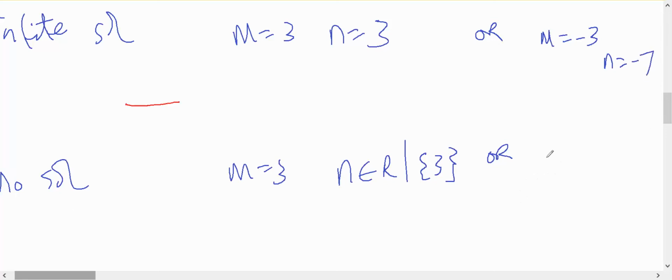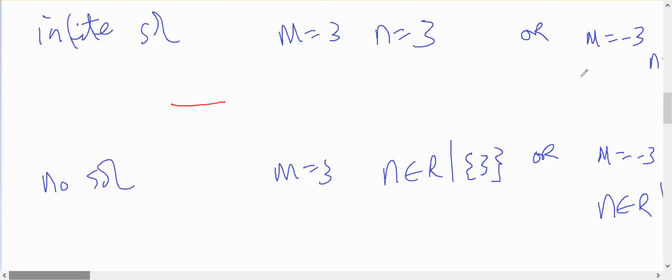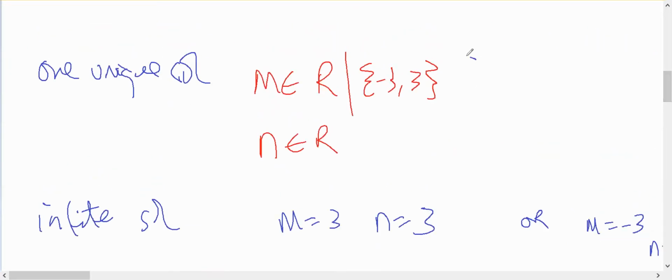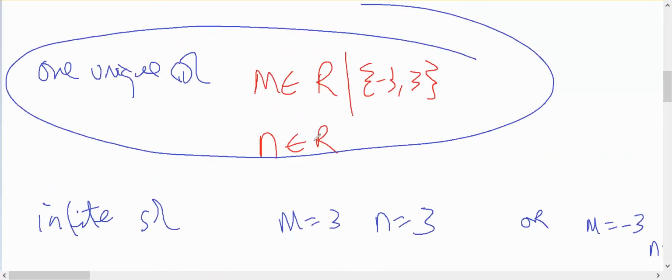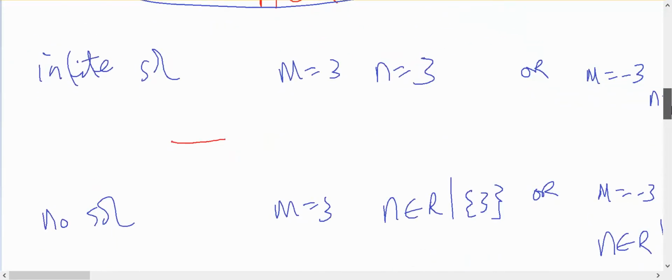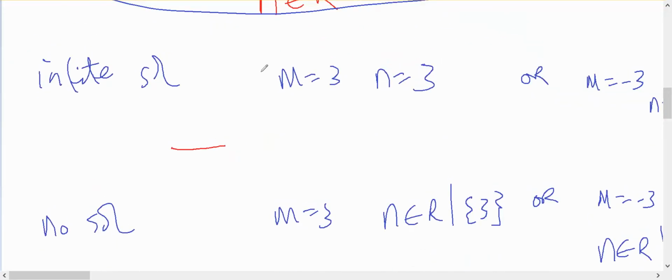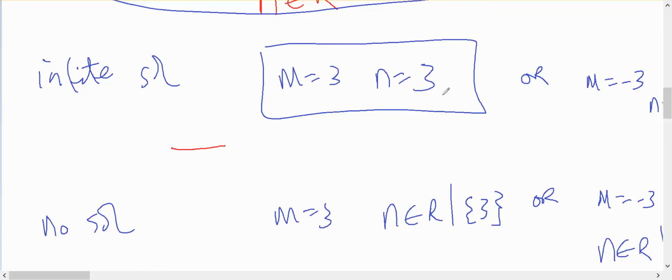And if m equals -3, n can be anything except -7. So I have, for my unique answers, these solutions. m can be anything except negative or positive 3, and n can be anything at all. Then I explore what happens when m equals 3, and I will have infinite solutions only when n equals 3.